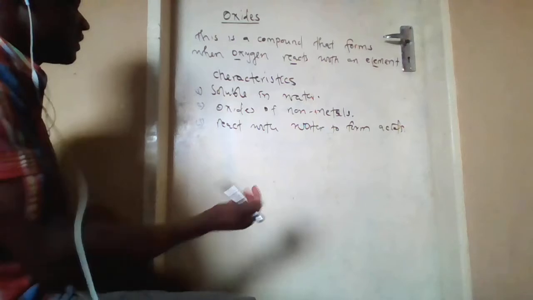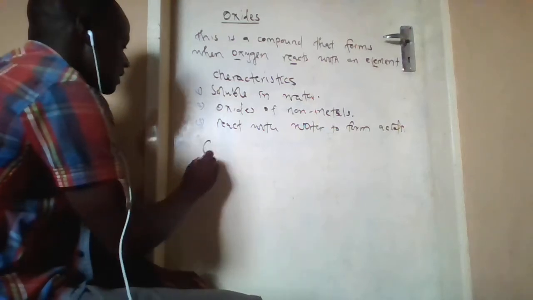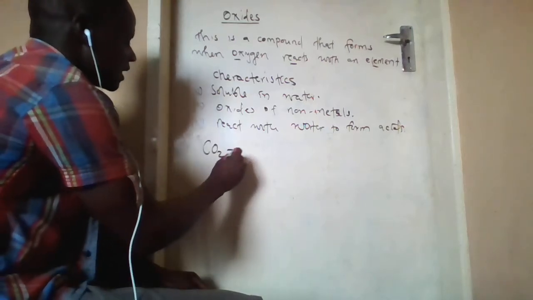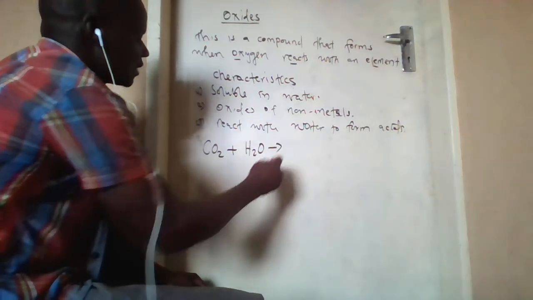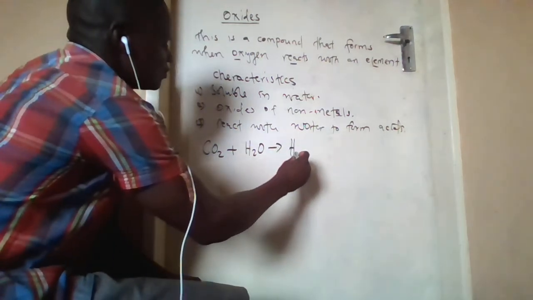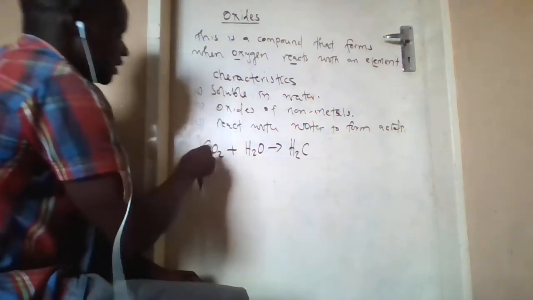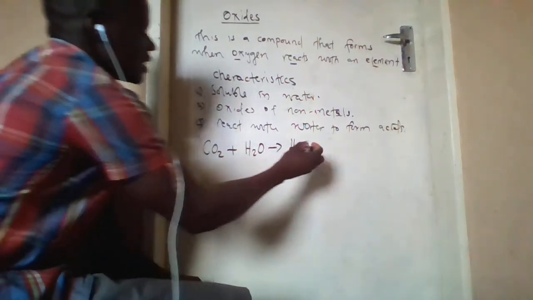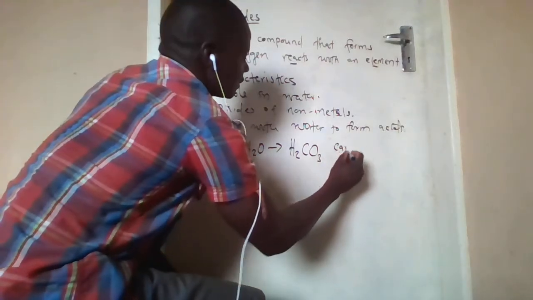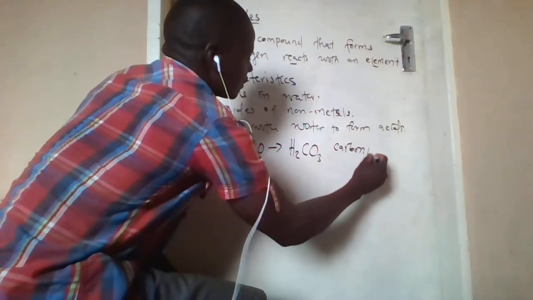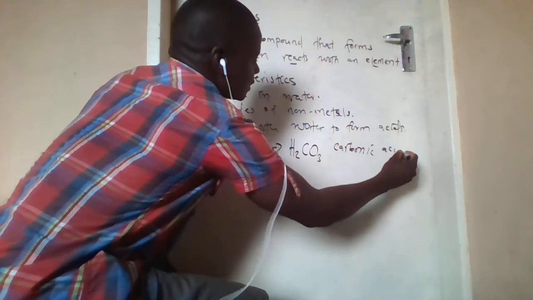We're going to have an example of carbon dioxide. Carbon dioxide reacts with water. We are going to have H2CO3, which is carbonic acid.